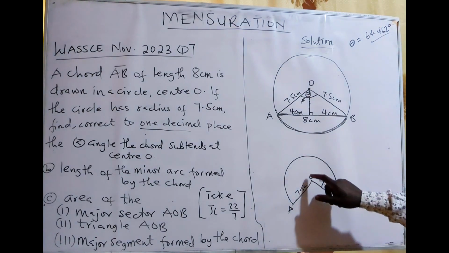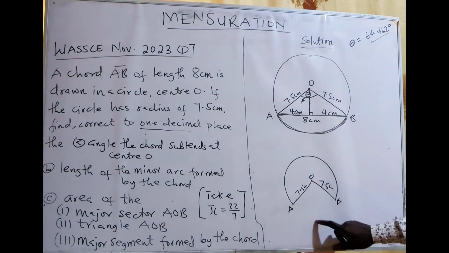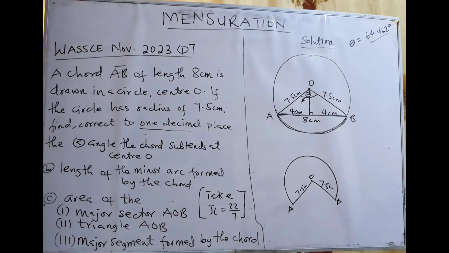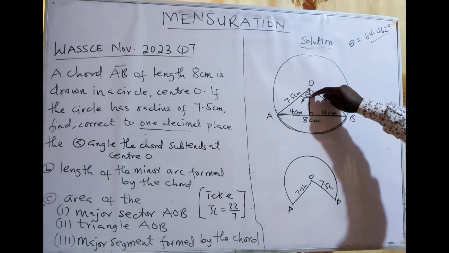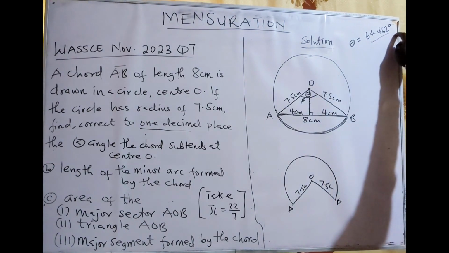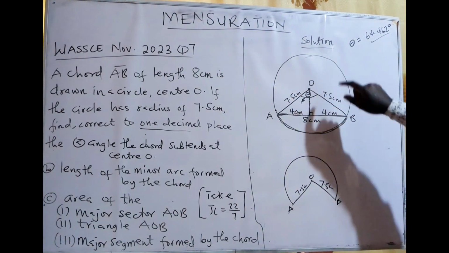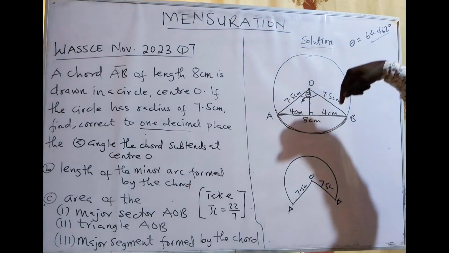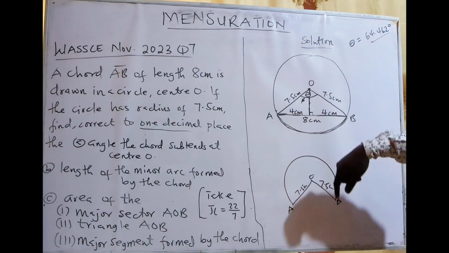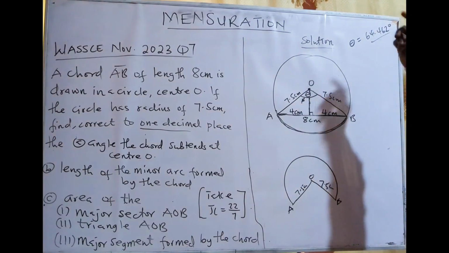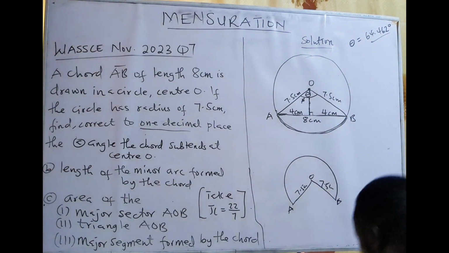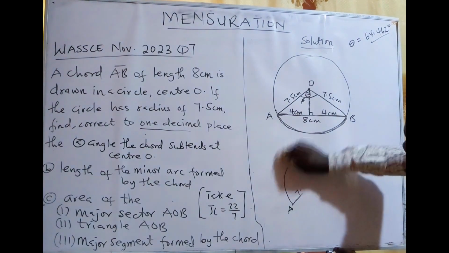We know the angle here as 64.462. The angle around a point is 360. So we subtract it from 360. Then we divide by 360, then times the area of a circle, pi r squared. All right. I believe we get it.